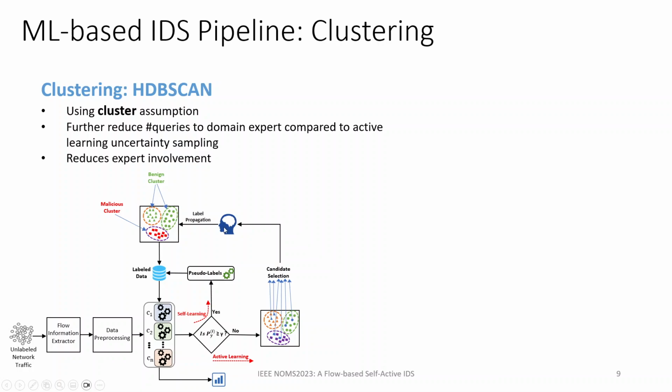When the human expert labels those, we propagate those labels to each corresponding cluster. This way, we not only dramatically reduce the number of queries to the human, we also speed up the labeling procedure, and we have more labels coming into this label data set.